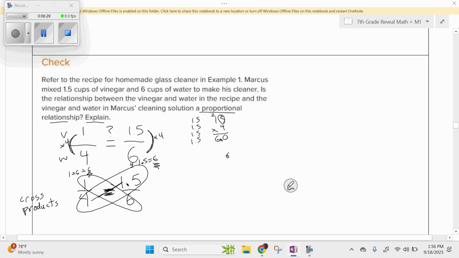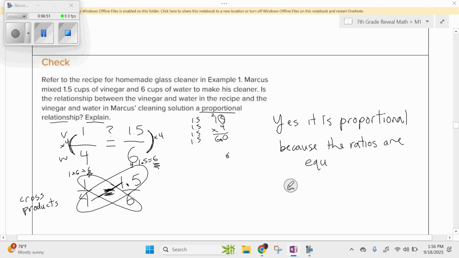So we can say, yes, it is proportional because the ratios are equivalent.